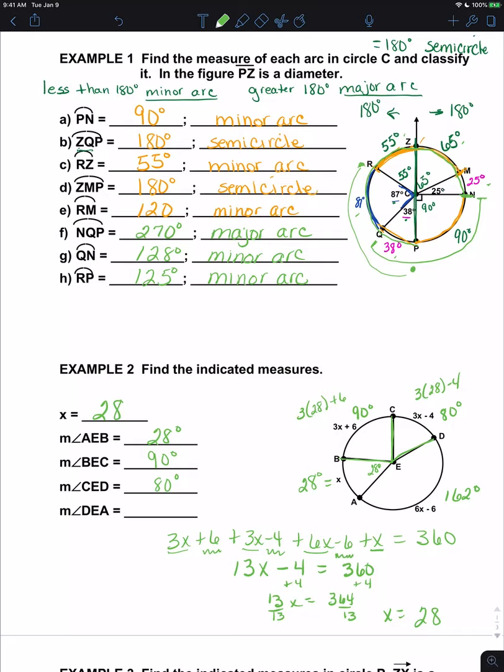And DEA is 162 degrees. That is an error in your notes, so that should be 162 degrees.